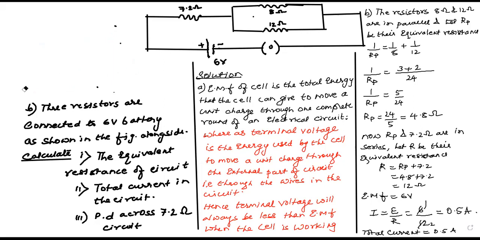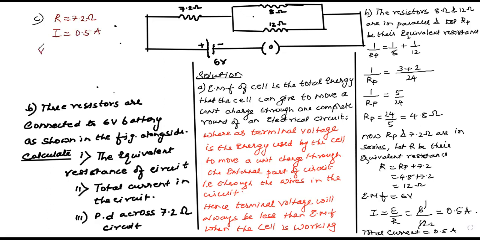Now, what I want, children, is the C part of this question. What does it say? C part says, what is the PD across the 7.2 ohm resistance? PD across, that means R is 7.2, the current that will pass across is 0.5 ampere.